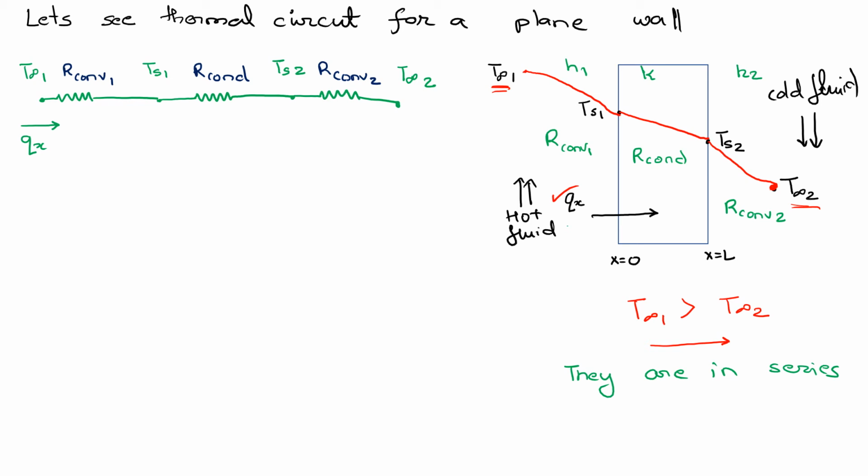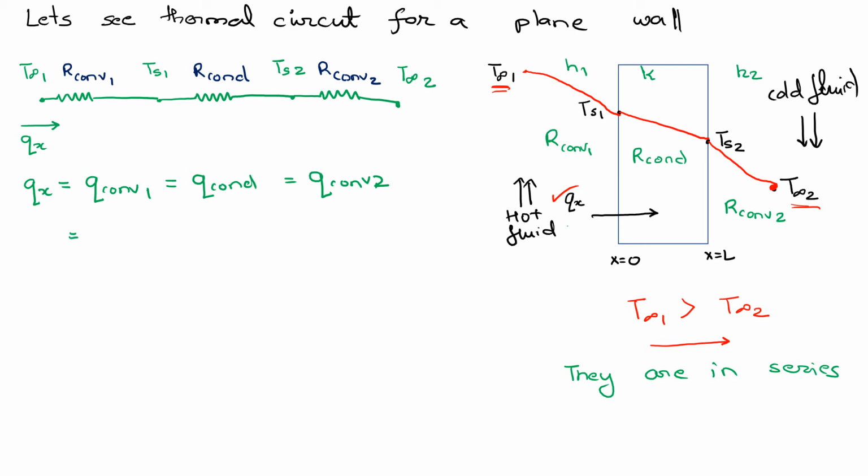Similarly, in this case, we'll have equal heat transfer rate across each resistance. So what that means is that our Qx will be equal to Q convection, will be equal to Q conduction, will be equal to Q convection from the other surface.